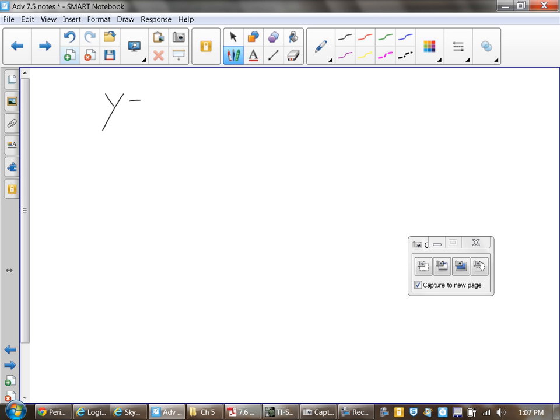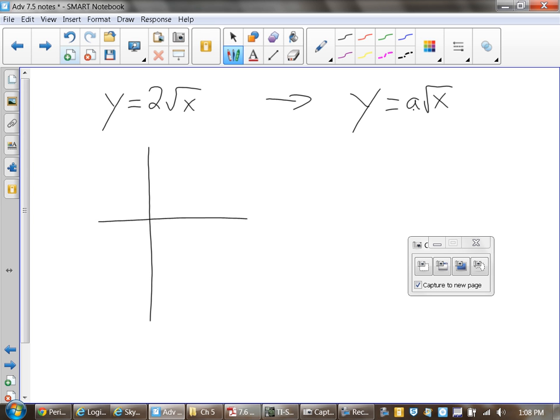Same idea, y equals, let's say we'll start with 2 square root of x. What I'm doing here again is just tacking on an a value. This is mirroring a root x, where that value of a is allowing us to either raise the curve quicker or slower. Again, when I go to graph something like this, I start with those same 3 points.